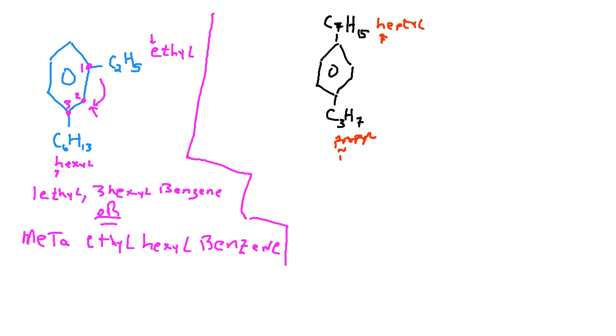It doesn't matter if I count this way or this way. Either way, we're going to get 2, 3, 4. So propyl is going to be on carbon 4. So one name of this would be 1-heptyl-4-propylbenzene.